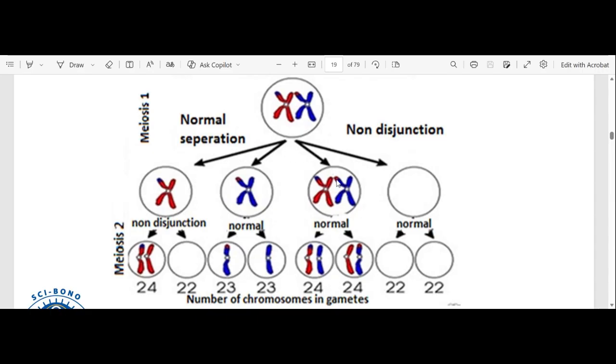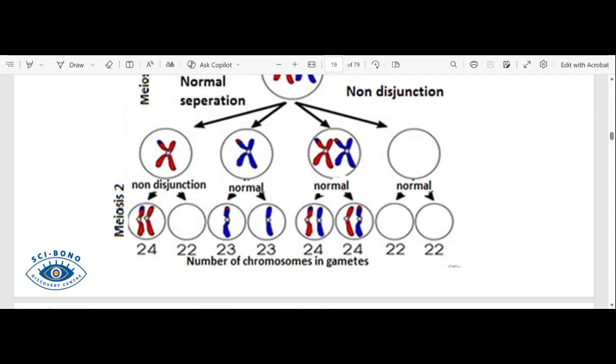And in these cells there was an abnormal separation. One cell received one extra chromosome. What do we call that state? Trisomy. And one cell did not receive any chromosome. What do we call that state? Monosomy. I hope that makes a lot of sense.